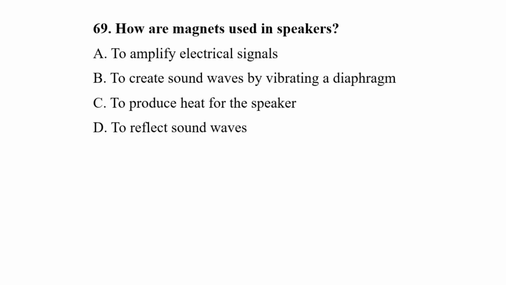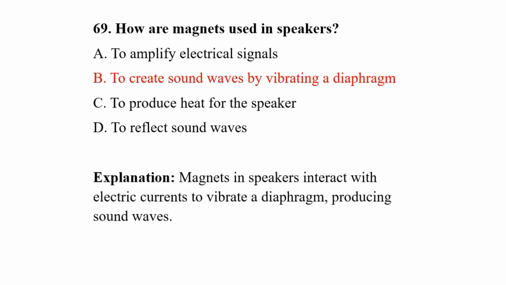D, to reflect sound waves. The answer is to create sound waves by vibrating a diaphragm. Magnets in speakers interact with electric currents to vibrate a diaphragm, producing sound waves.